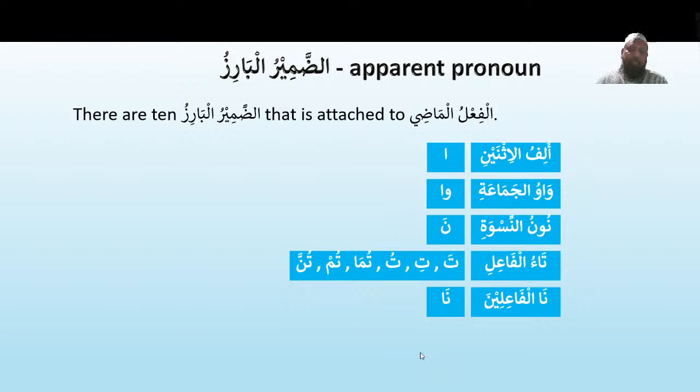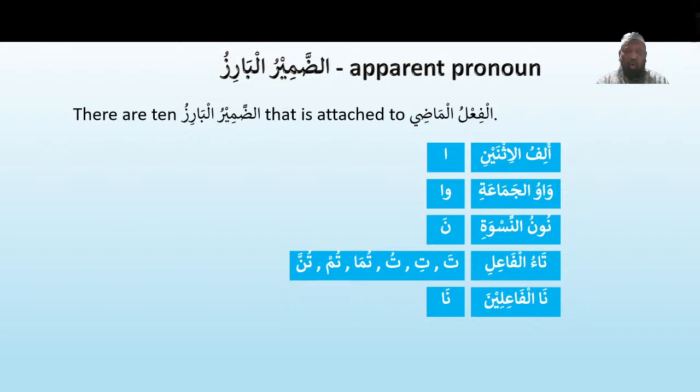Yes, 10. So if we add damir al mustatir, damir huwa and hiya, so total becomes 12. Total damir that can be attached to al fi'l al madi is 12. 2 are mustatir and 10 are bariz.